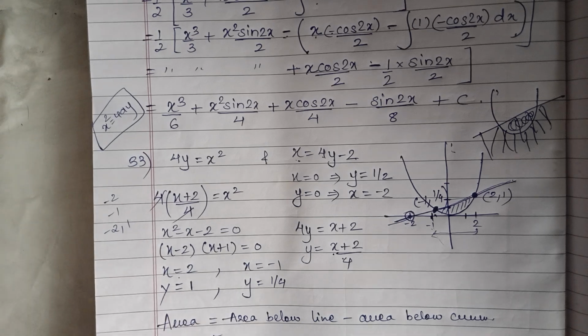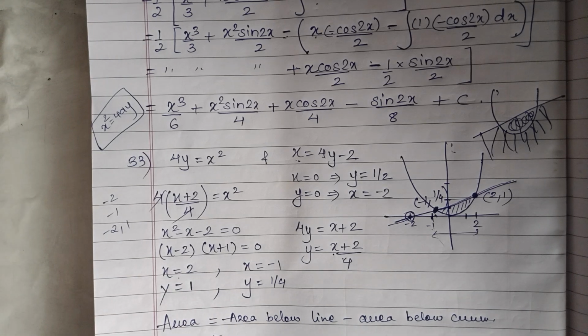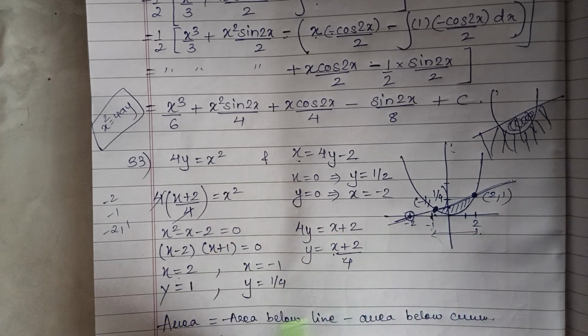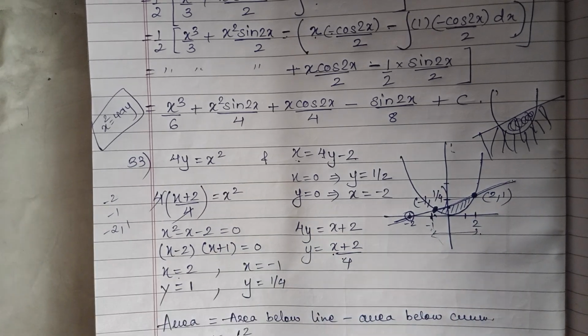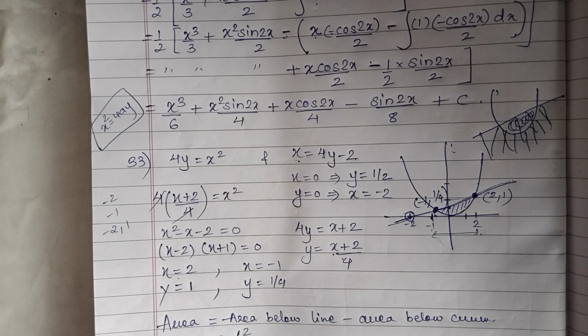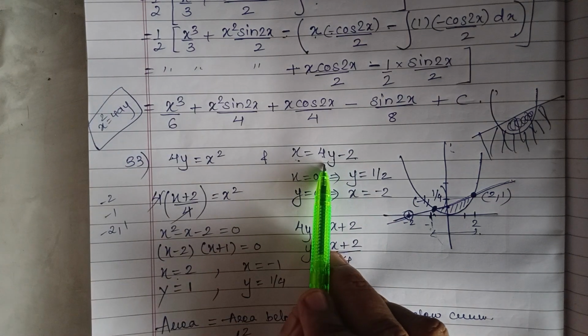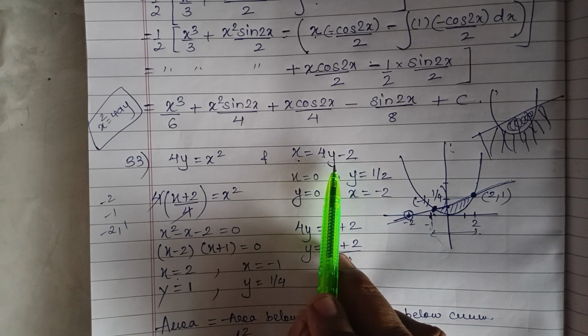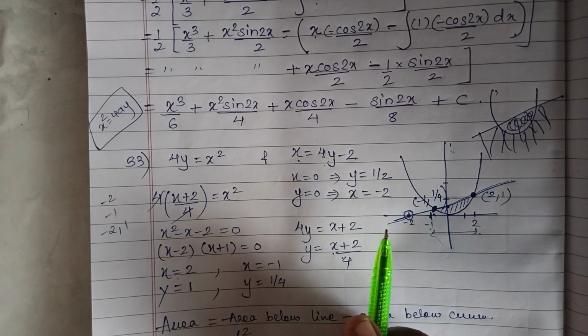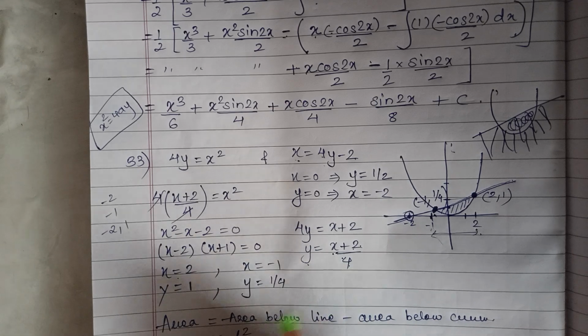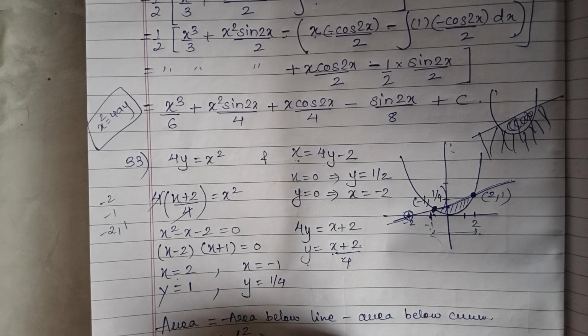In terms of x we are taking x points, so the limit is minus 1 to 2. So area below the line, in terms of x you have to write, is y equal to x plus 2 by 4, y dx, this is right?